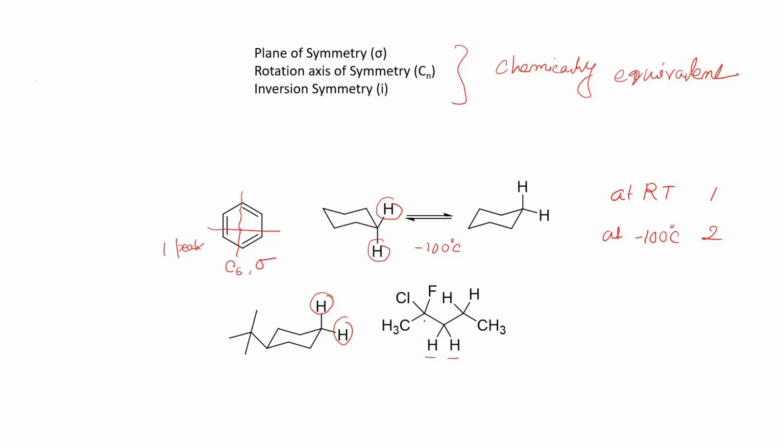So here is one chiral center, right? Due to this chiral center, these two protons are chemically non-equivalent, and these two protons are also chemically non-equivalent. So these two protons have different chemical shifts in 1H NMR.